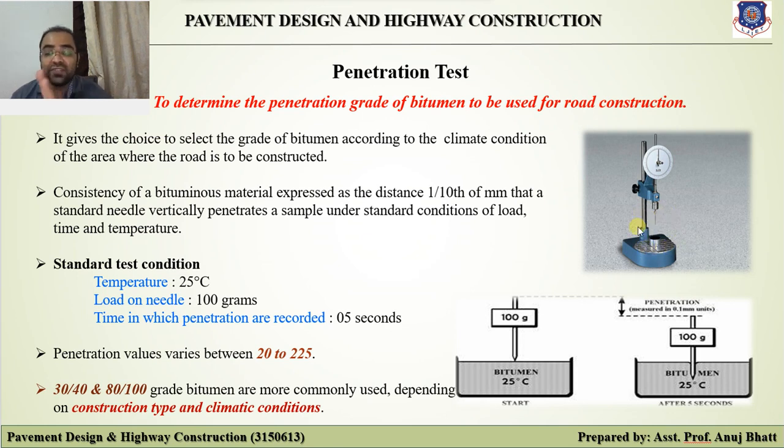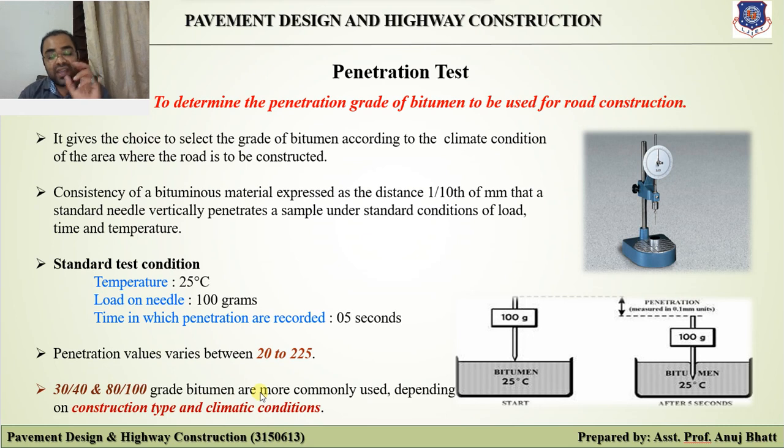The penetration is carried out for 5 seconds. The penetration values of bitumen vary from 20 to 225. The 30/40 and 80/100 grade bitumens are more commonly used, depending on the construction type and the climatic condition.